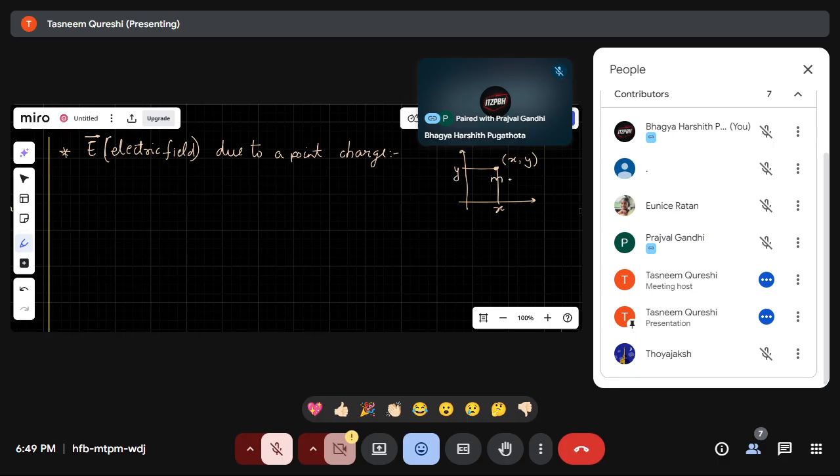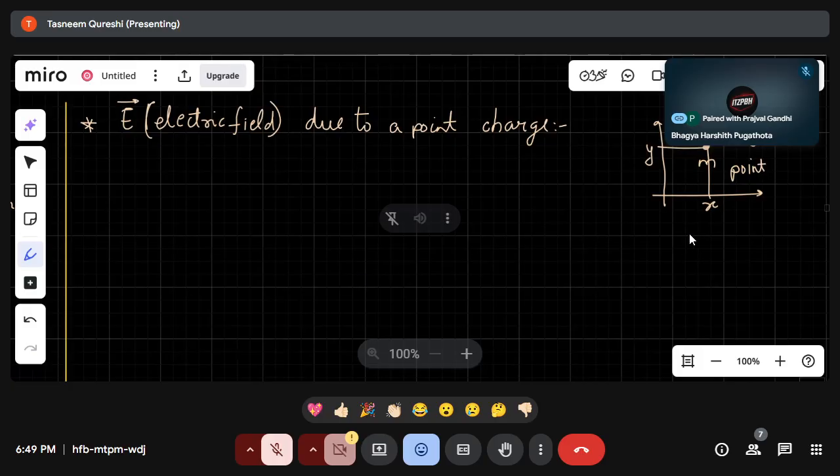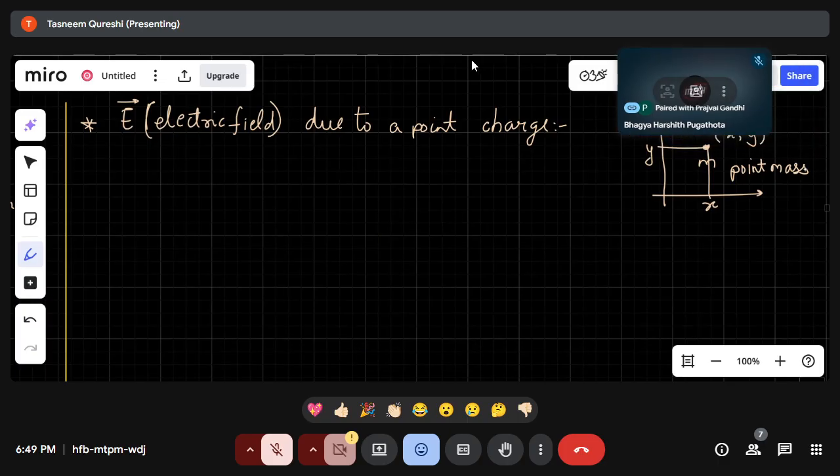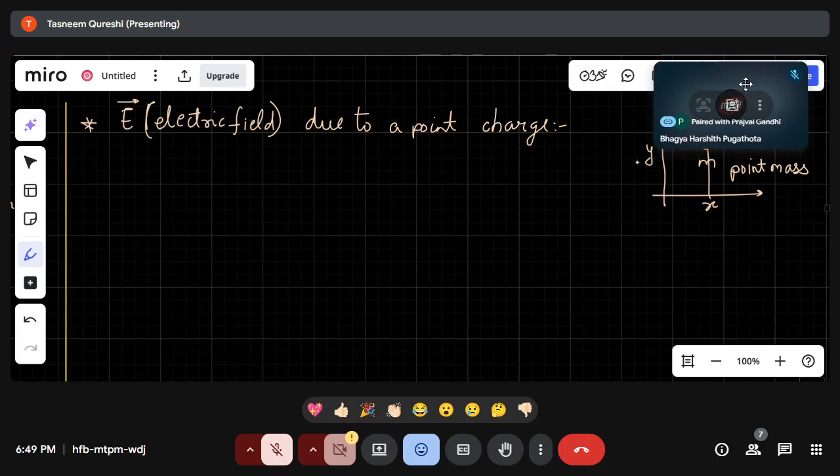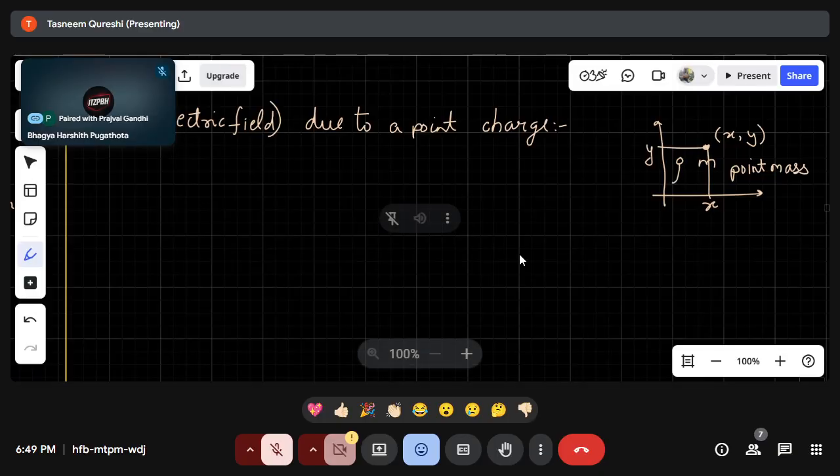All of the mass is kept at this point only, so we will write it as point mass, meaning the entire mass is at a single point. We are humans. Are we point masses? No. We are extended bodies. If you draw a human here, it is this much big and this much wide, so the mass is in this region, right? So this is not a point mass. This is a point mass.